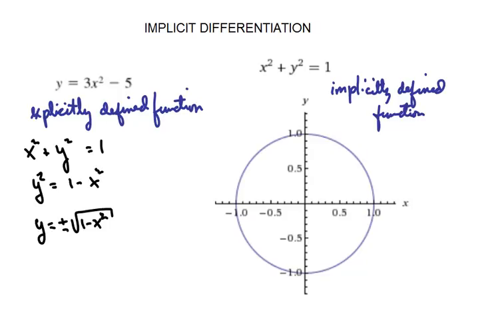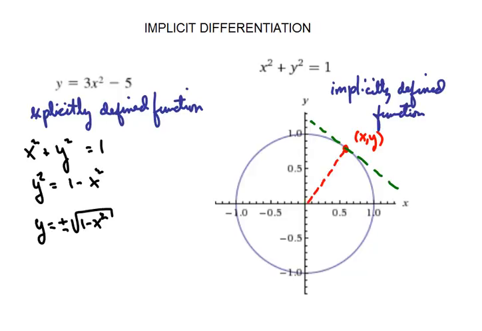And with this particular curve, we can do this even without calculus. So let's take a look for a second. Let's say we have some point x comma y that happens to lie on that circle. It has an x coordinate, it has a y coordinate. And we're interested in finding the slope of the tangent line to the curve at that particular point. Well, because this is a circle, we can do a few things.